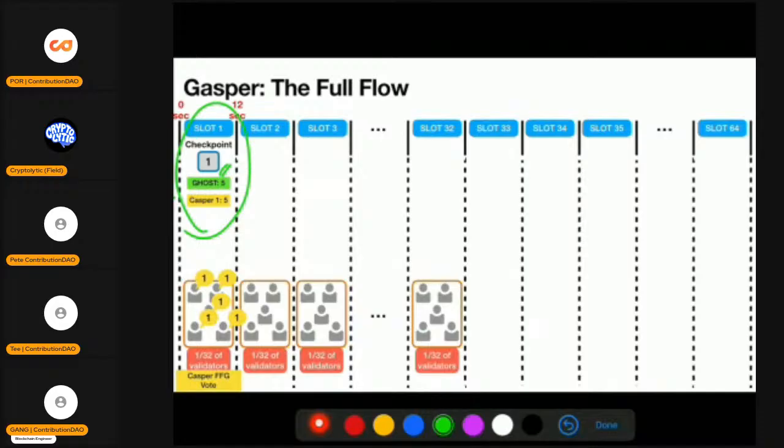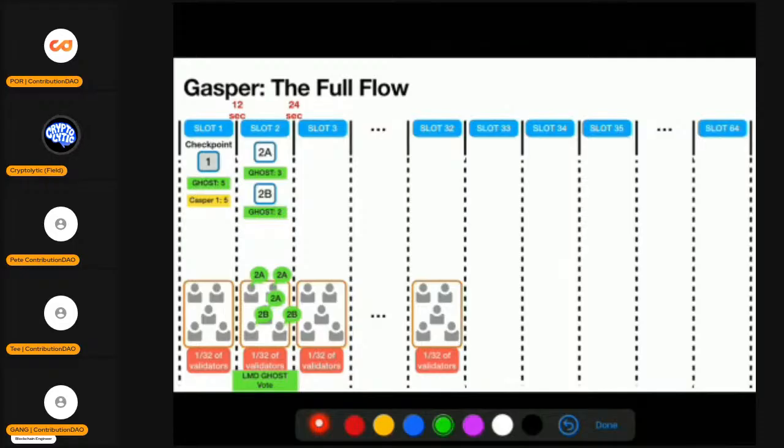Okay, now when you move to the next slot, you might have 2 forks. The proposer might propose two blocks, 2A and 2B, and then some of the validators would vote for 2A, and another set would vote for 2B. This one gets 3 and this one gets 2, and because of the LMD Ghost, the vote for this block also affects block 1, and the vote for this block also affects block 1 as well.